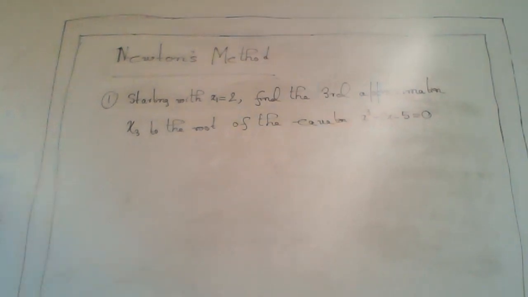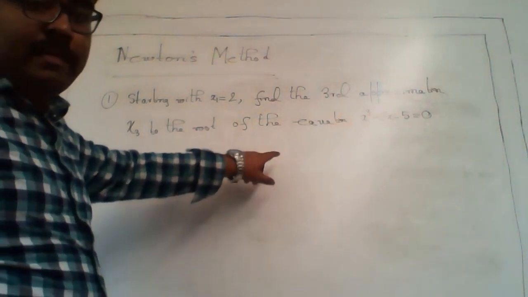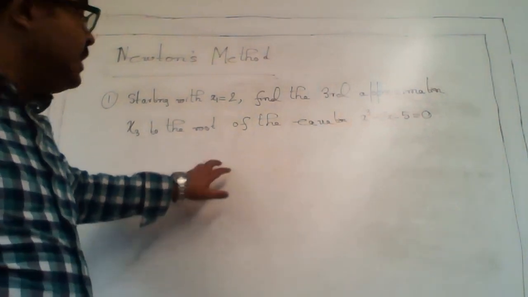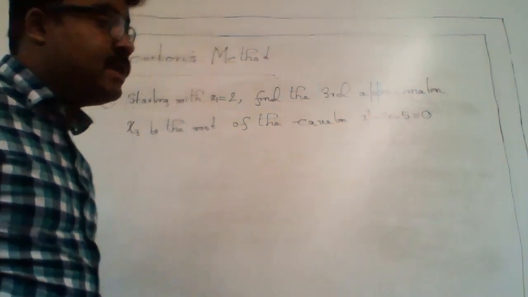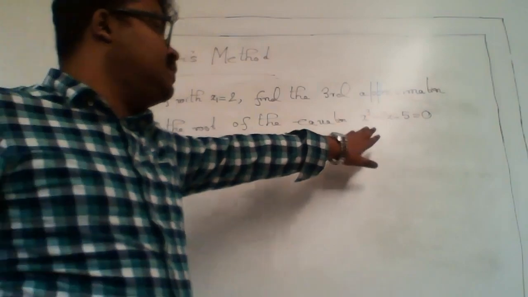Okay, so you are given the value of x1 equals to 2. You need to find out the third approximation x3. Okay, so this is your equation. So this is x cubed minus 2x minus 5.